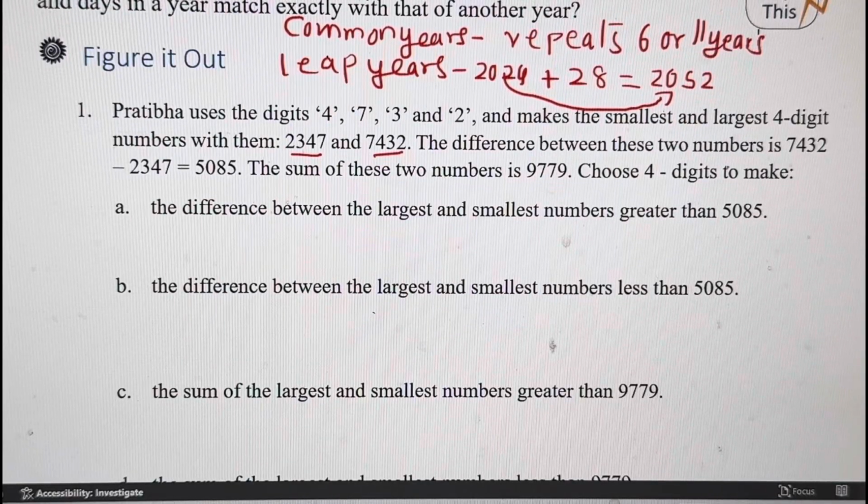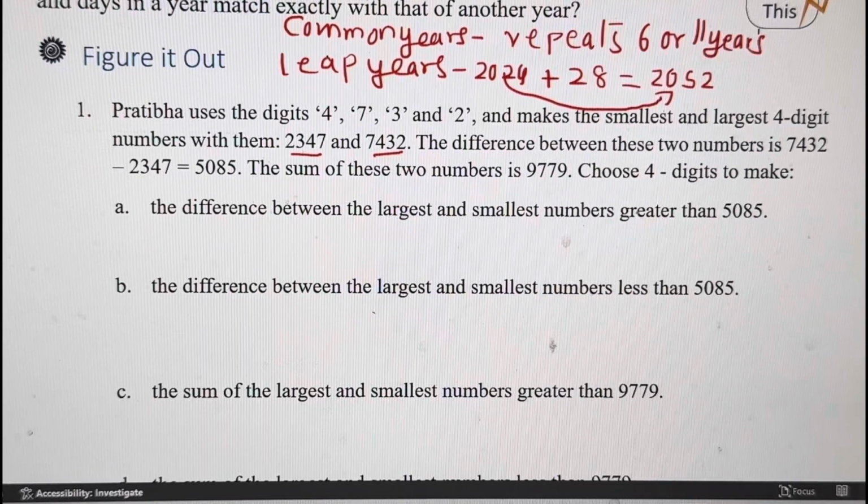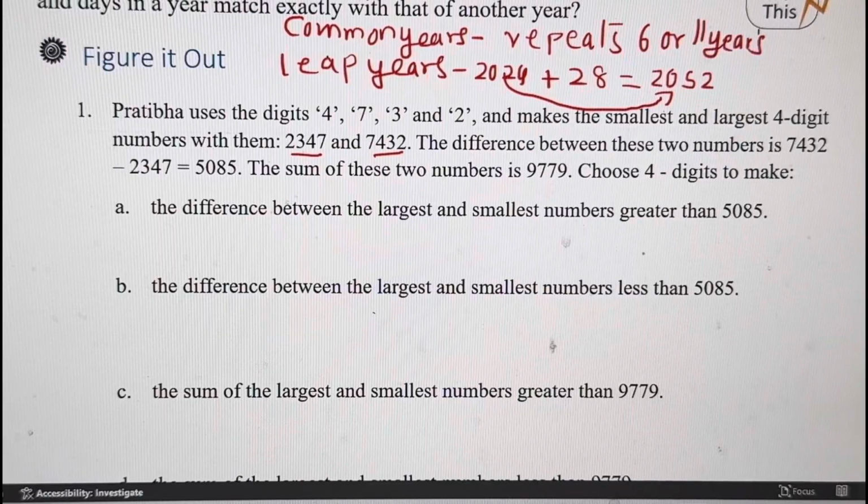The difference between these two numbers is 5085, and if we add them, we get 9779. Now they have asked us to choose 4 digits so that the difference between the largest and the smallest number is greater than 5085, not less than 5085.